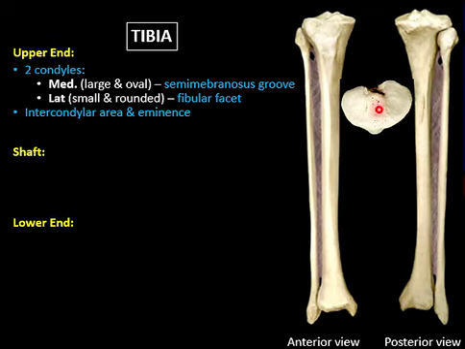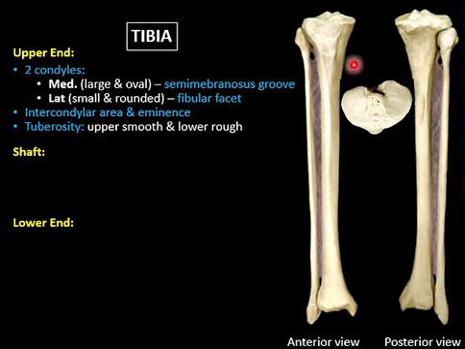Between the two condyles, we can see here what's called intercondylar area. In its middle, there is an elevation called intercondylar eminence, leaving an anterior intercondylar area and a posterior intercondylar area. And you will study in the hip joint the structures related to the anterior area and structure related to the posterior area.